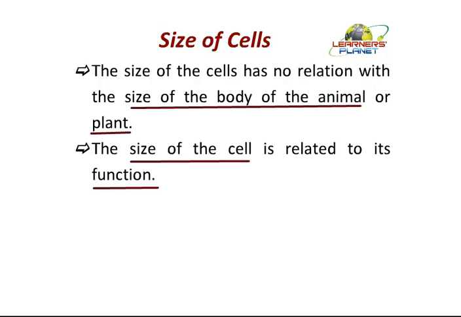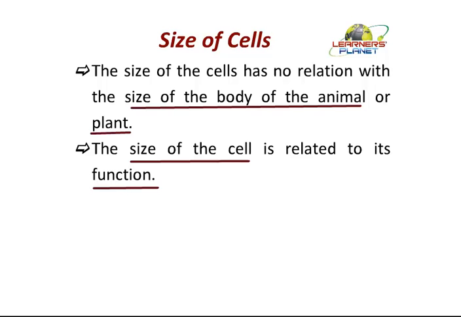Can you imagine which is the largest cell in our body, in the human being? It is the nerve cell. The nerve cell is the longest or the largest cell in the human body. Now, if we compare the nerve cell of a human being with the nerve cell of, let us say, a horse, then we can say the horse has the longest nerve cell.